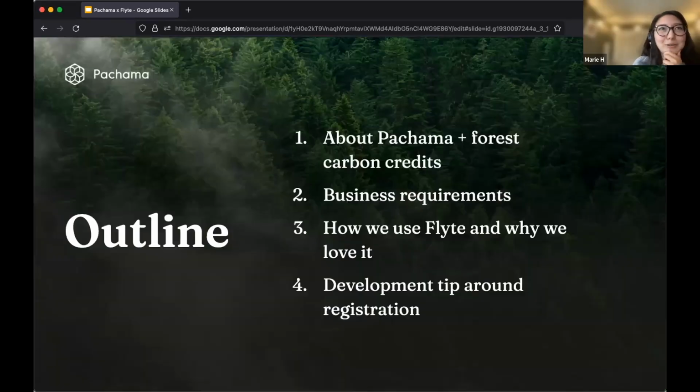So jumping right into the presentation, we'll talk a little bit about what is Pachama and how it relates to forest carbon credits, and then also what are forest carbon credits, because they're a little bit niche, and then business requirements that have shaped our decisions around using Flyte, how we use Flyte, why we love it, and then finally a development tip around registration.